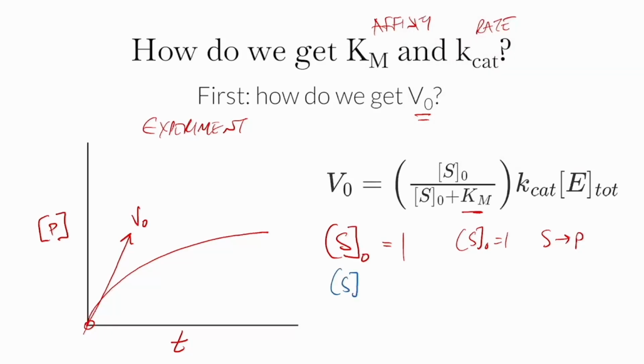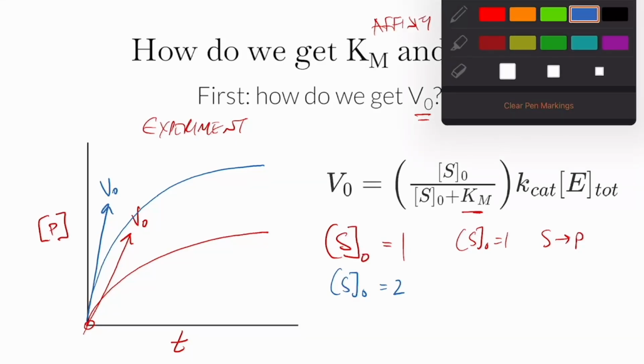Now let's do S naught equals 2. So we added some more substrate, and so the reaction is going to go faster. Actually, we're going to get twice as much product, right? And that's going to give us a second value of V naught. That's the blue value. And then let's do another one.